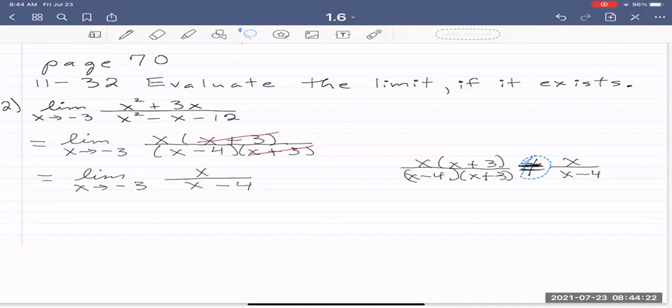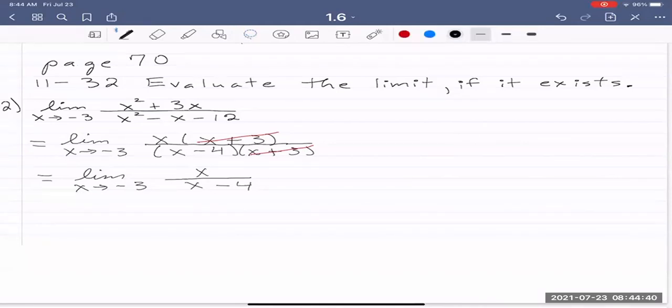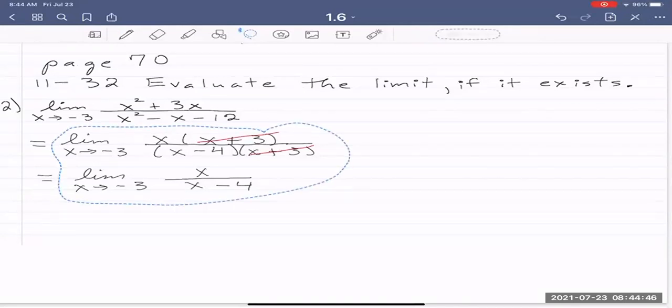They're only not equal at one place. So we sort of say they're close to being equal. But in a strict sense, we really shouldn't write that these are equal, because they're not. But as limits, they are. So this is a true statement, that these limits are the same.